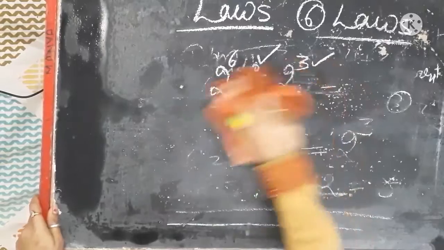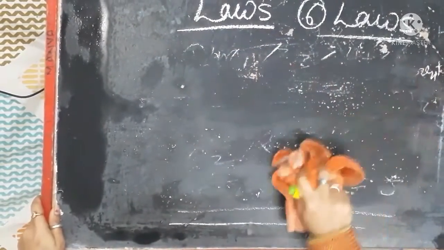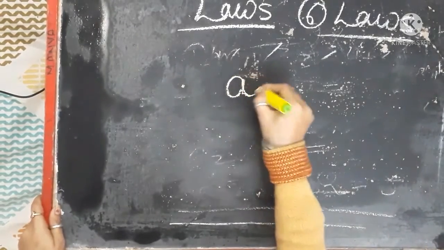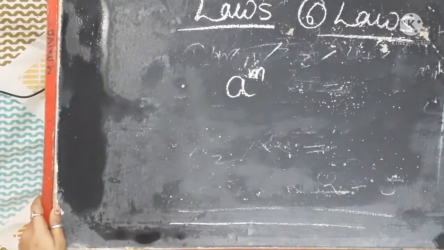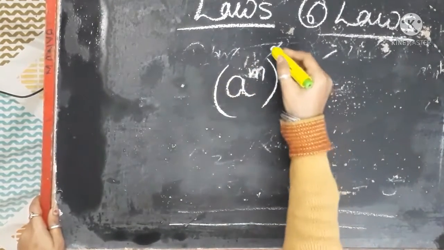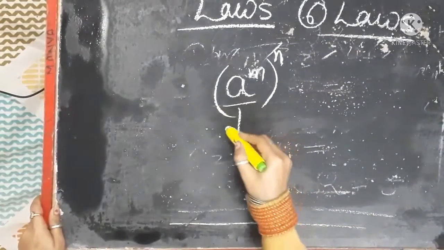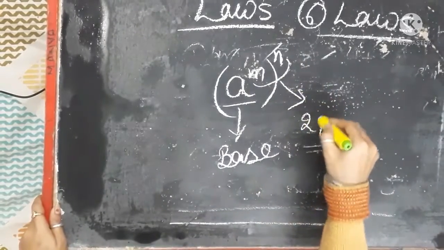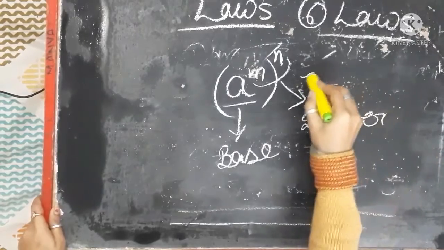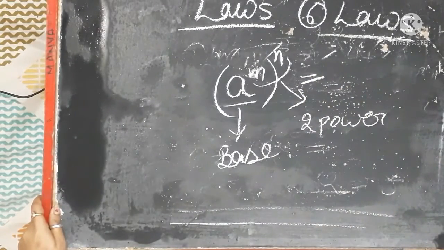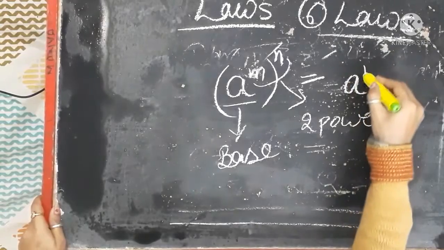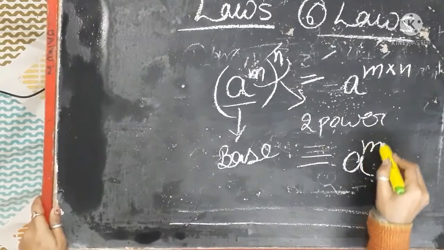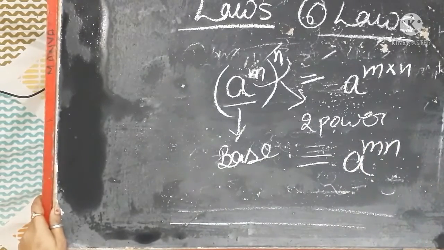Now the next law is saying there is a single base with double power. Let's say a raised to the power m, whole bracket raised to the power n. Here there is a single base but 2 powers. So we'll write this as a raised to the power m multiplied by n, which is equal to a raised to the power mn. Right?